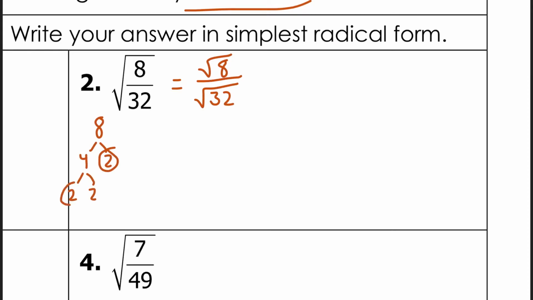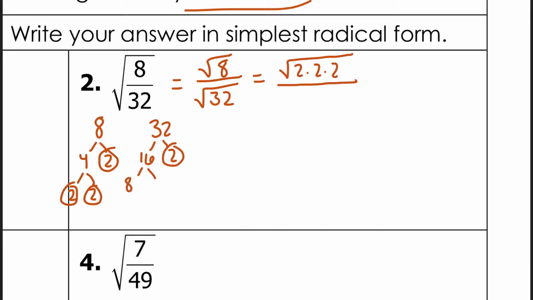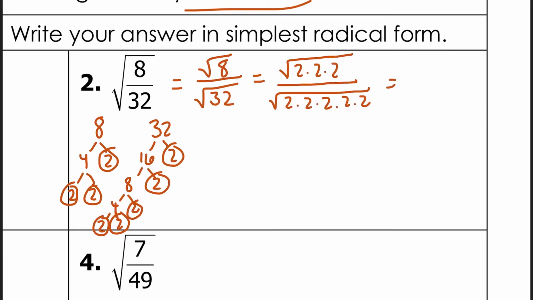So 8 breaks down into 3 2's. 32 breaks down into 5 2's. And we're going to simplify them separately.